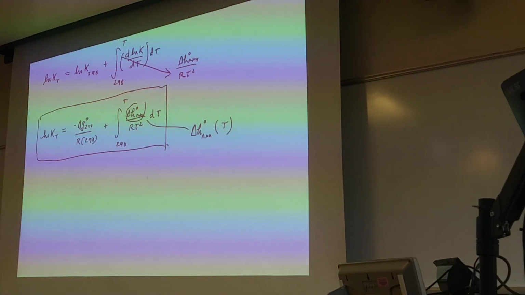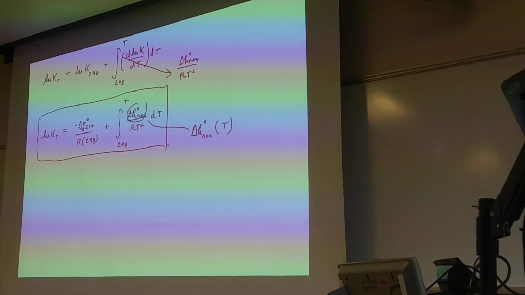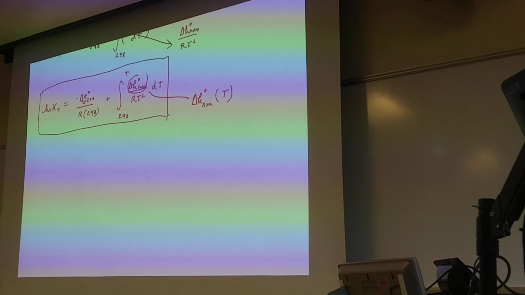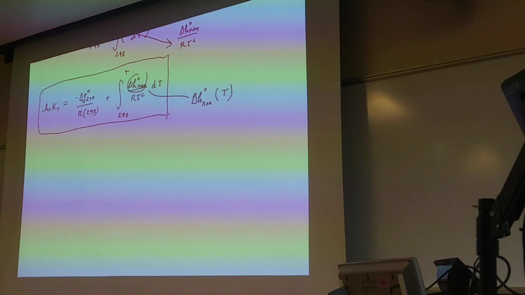And we have to remember what that's going to be. But before we do that, let's make an approximation at this point, assuming that that's going to be effectively constant with temperature over the range of interest. And that would mean that presumably we wouldn't be too far away from our reference temperature of 25 C. We'll look at that in more detail as we get into this.